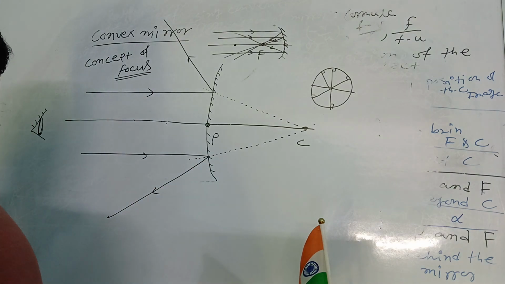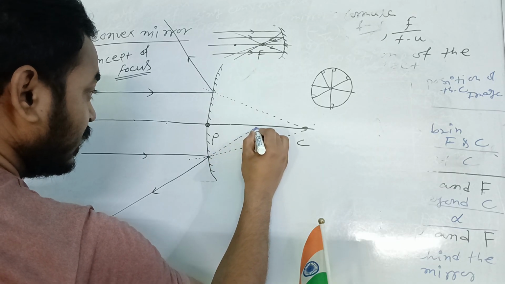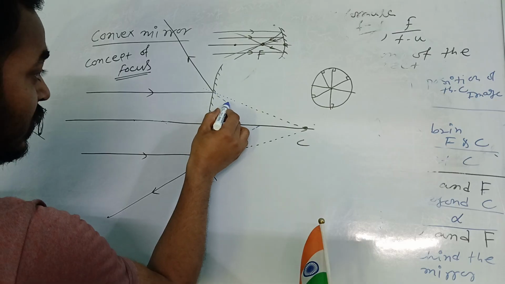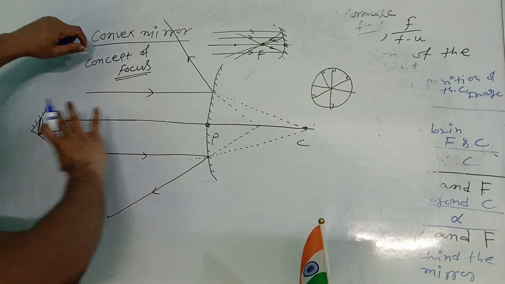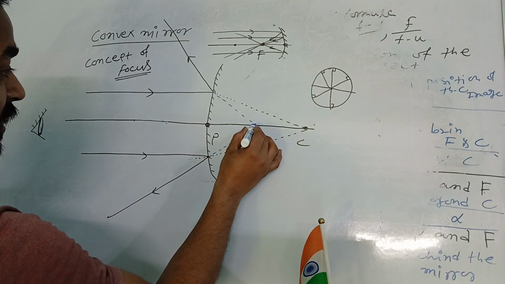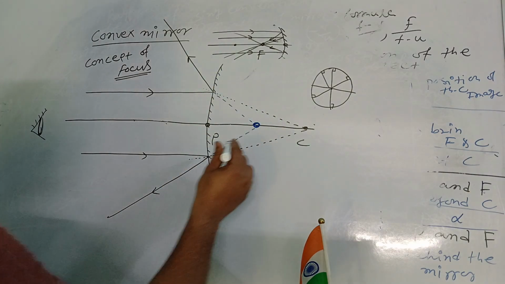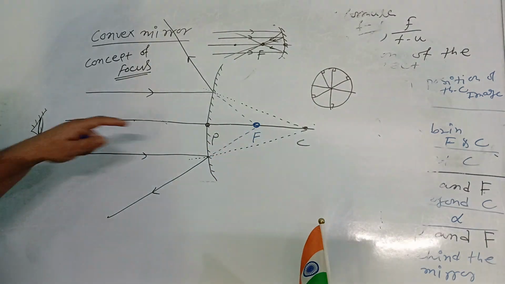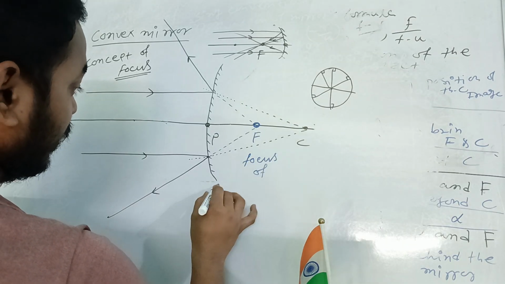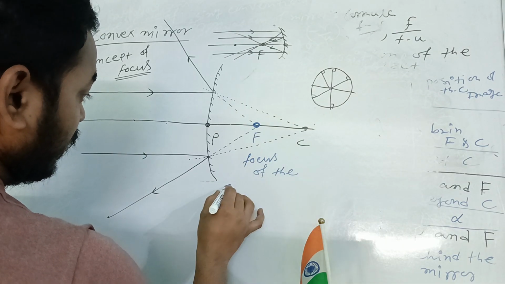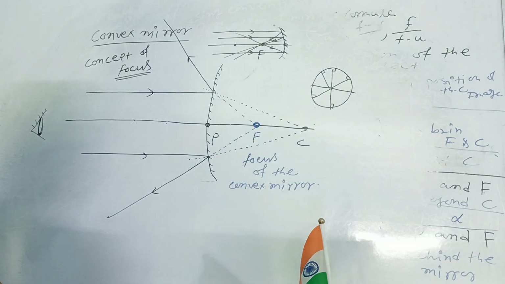So if I extend this reflected ray over here, we can see that if I take an infinite number of parallel rays reflecting, all the reflected rays appear to diverge from this point, and this is known as the focus of the convex mirror. This is the focus of the convex mirror.